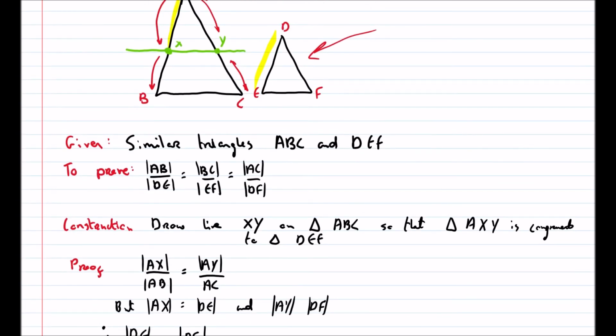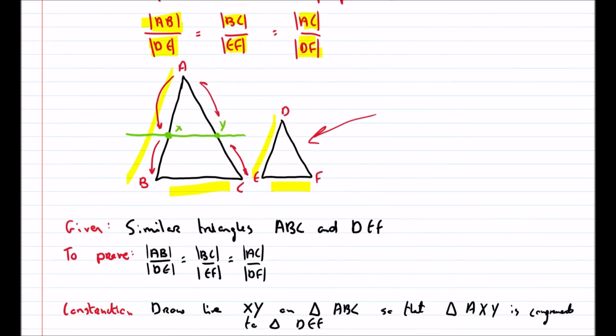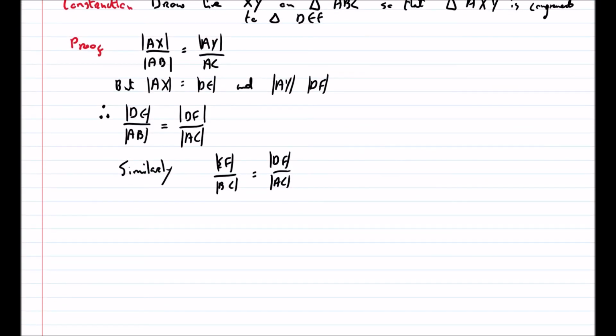Basically I'm saying the ratio of the distance from here to here and here to here is the same as the ratio from here to here and here to here. So I can say confidently that DE over AB equals DF over AC equals EF over BC.